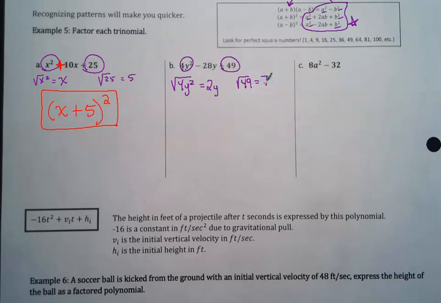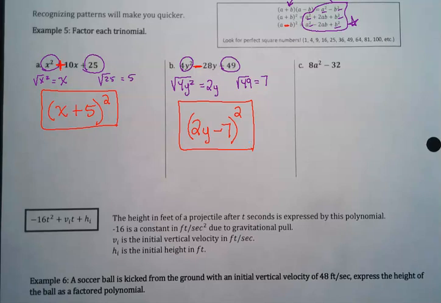This time we notice that this is a minus sign, just like this one is. So it's the square of the difference, or the difference squared. So we're going to have 2y minus 7 squared. And that's it.